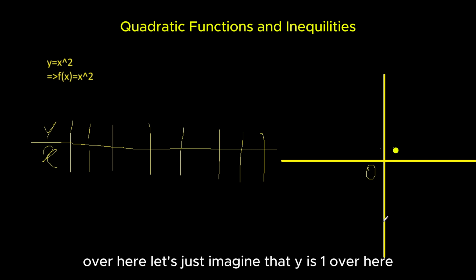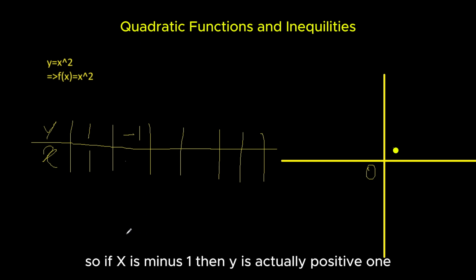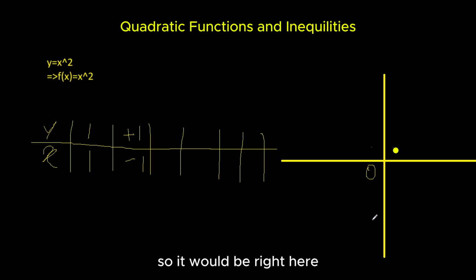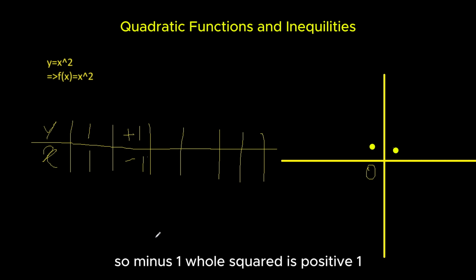Over here, let's just imagine that y is 1 over here and x is 1 over here. Let's try minus 1 as well. So if x is minus 1, then y is actually positive 1. So it would be right here. Y is positive 1 in this part, but x is negative 1. So minus 1 whole squared is positive 1, so it would be right here.